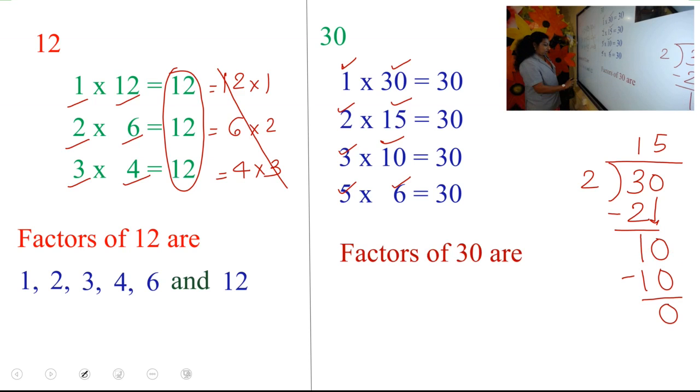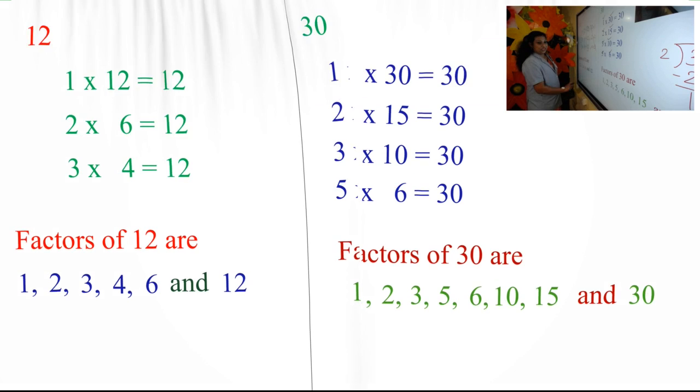So, factors of 30 are 1, 2, 3, 5, 6, 10, 15 and 30.